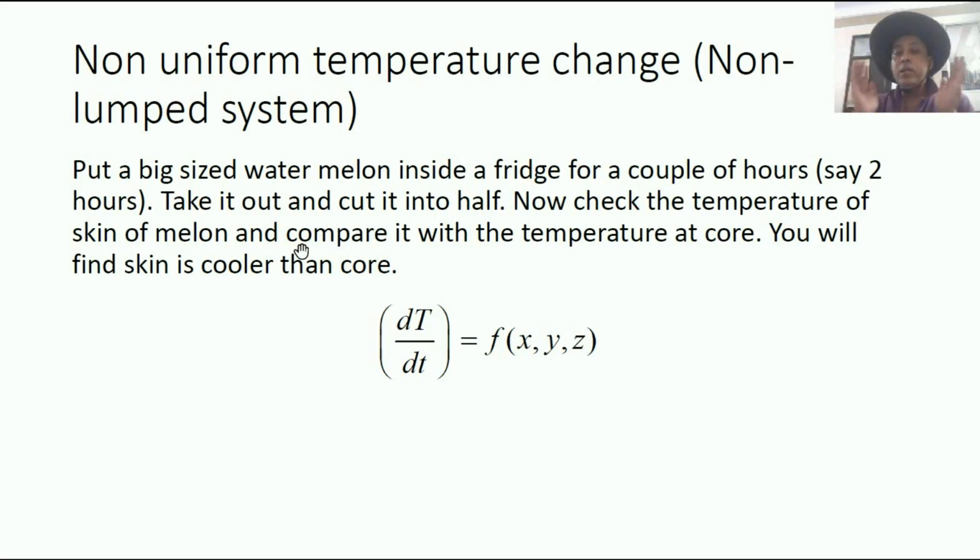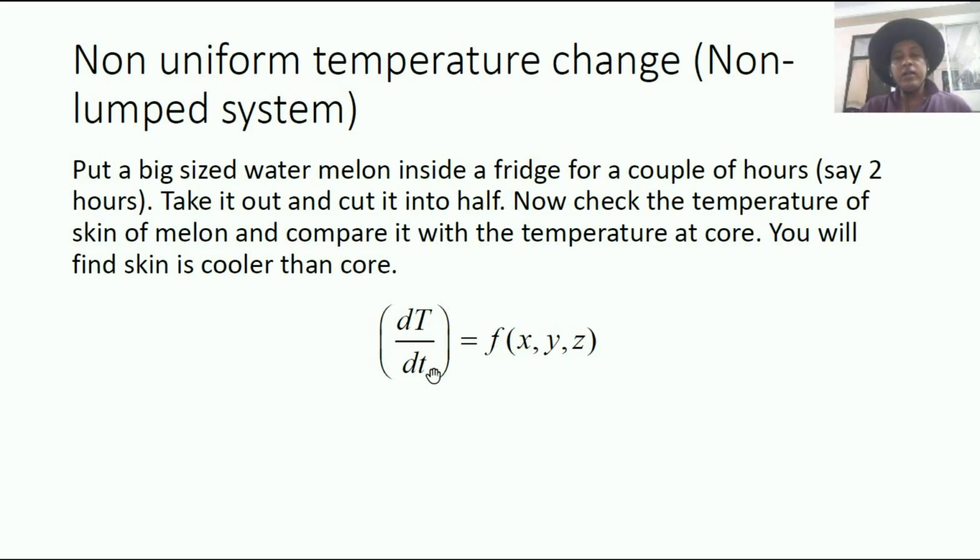The skin is closer to the cold surroundings of the fridge compared to the core. From the core, heat has to transfer up to the skin and then go to the surroundings. However, the skin can easily transfer its heat to the surroundings because it is in immediate contact with them. So the core's rate of fall of temperature is lower compared to the skin's rate of fall of temperature.